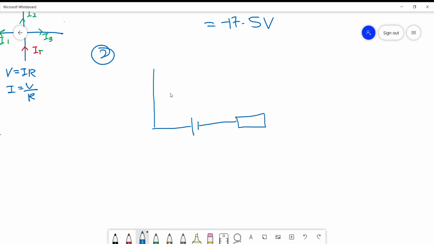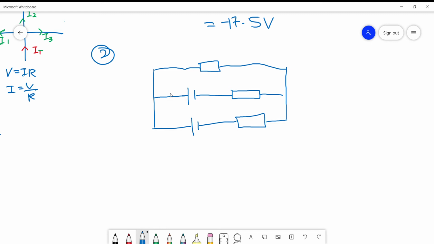This is the second battery, and finally this is the second resistor. Both resistors are connected to each other, and in the upper part there will be the third resistor, located here. So this is our circuit.